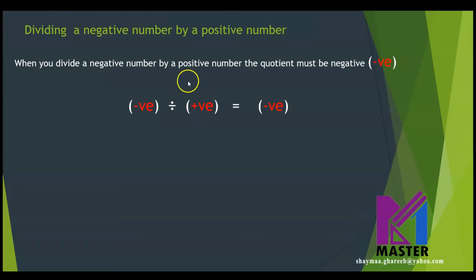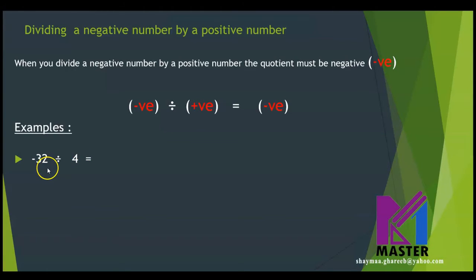What if I have a negative number divided by a positive number, or a positive number divided by a negative number? In this case, as we said before, it's the same rule as multiplication, so the answer will be a negative number. Let's see examples.